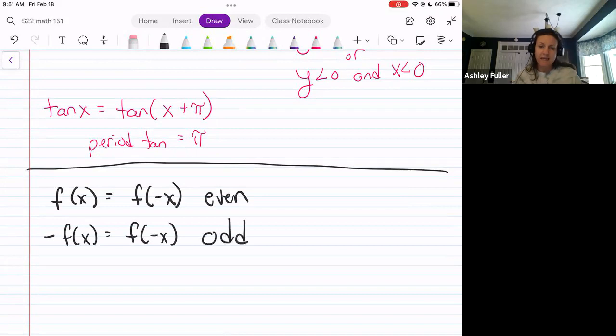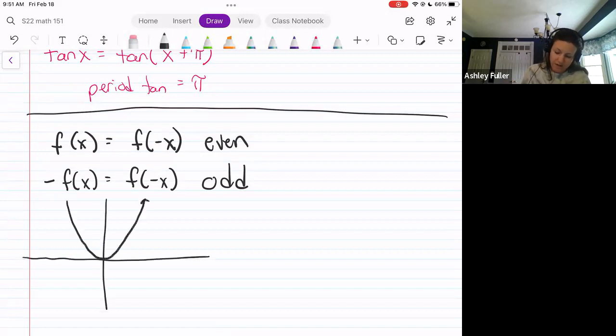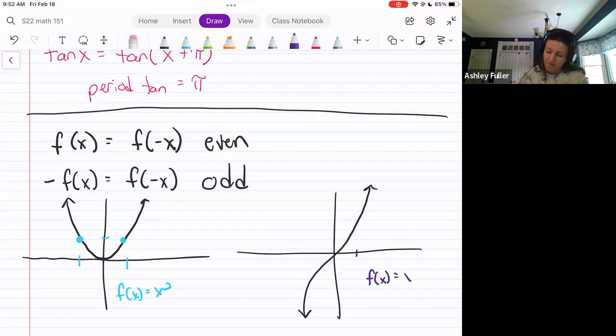And this does relate to those exponents that we talked about with end behavior. If you consider a parabola, that is an even function, because when I plug in x is 1, I get 1 squared, if f of x is equal to x squared. And when I plug in negative 1, I get the same value. In contrast, with a cubic function, if f of x is x cubed, when I plug in 1, I get 1.